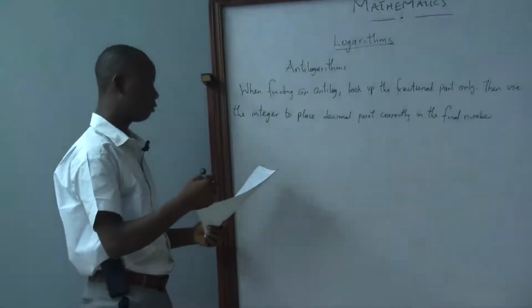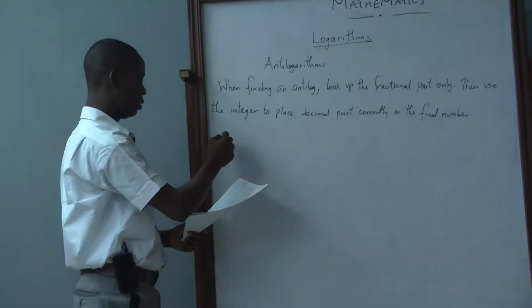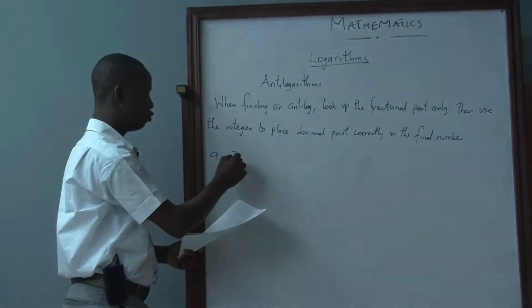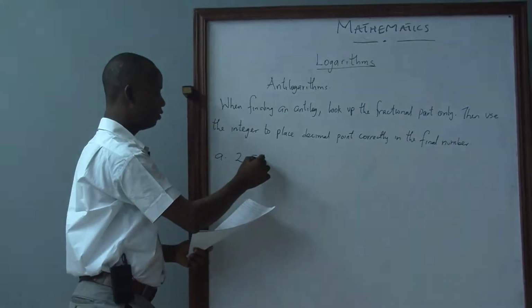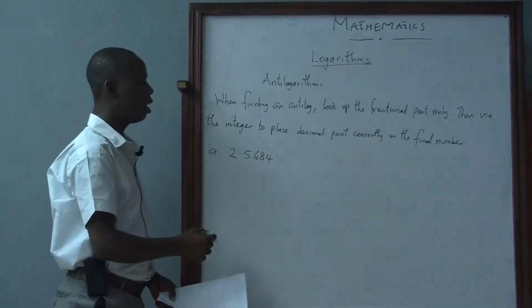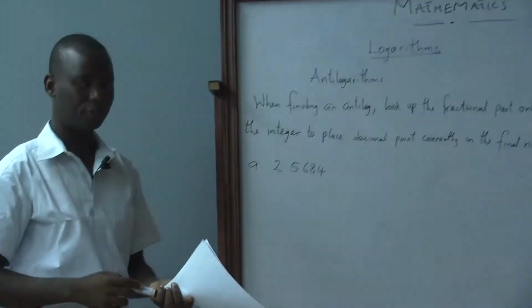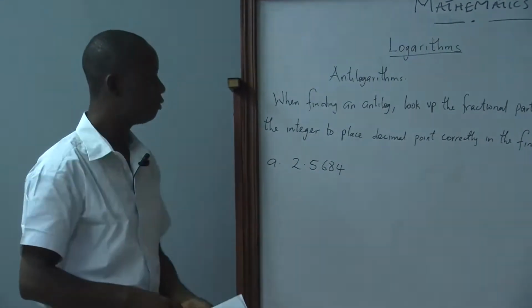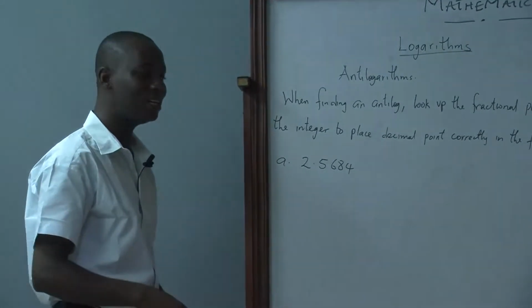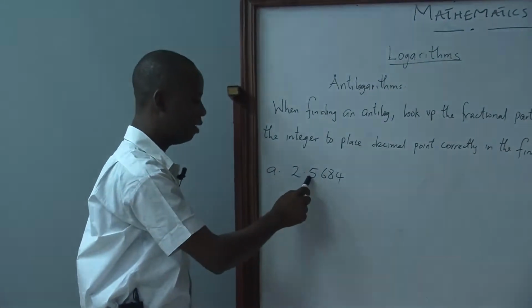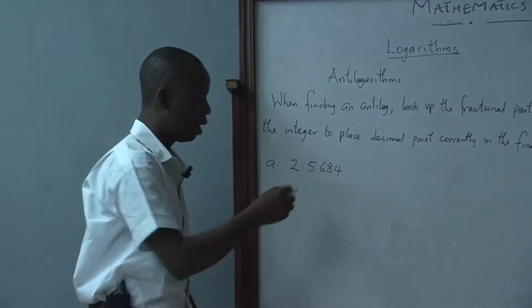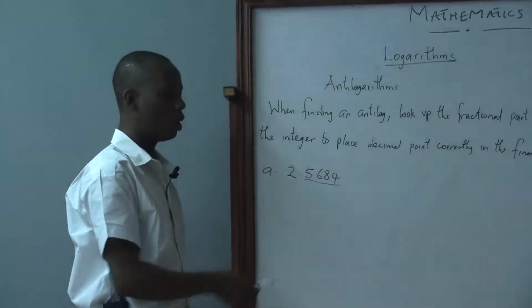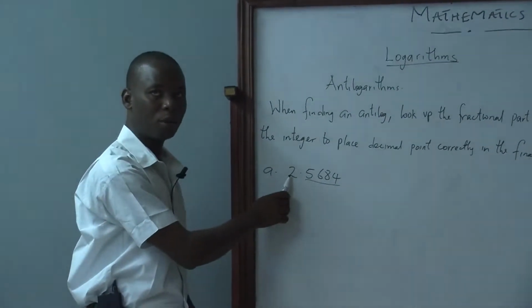Example 1, we're to find the antilog of the following numbers. If we have A, 2.5684, and we are to find the antilog of this number. What we'll be dealing with first is this value here, the fractional part. We're not going to be dealing with the 2 first and foremost.